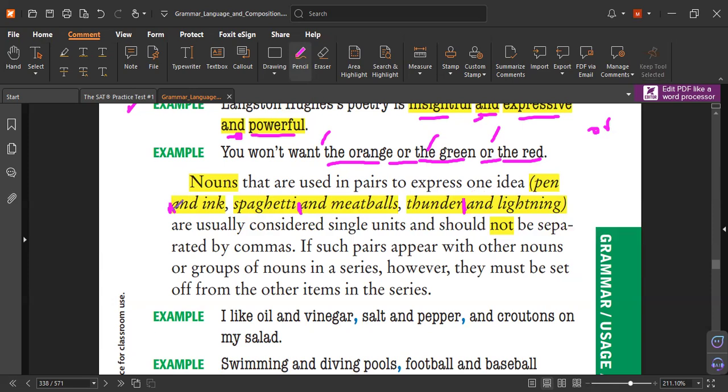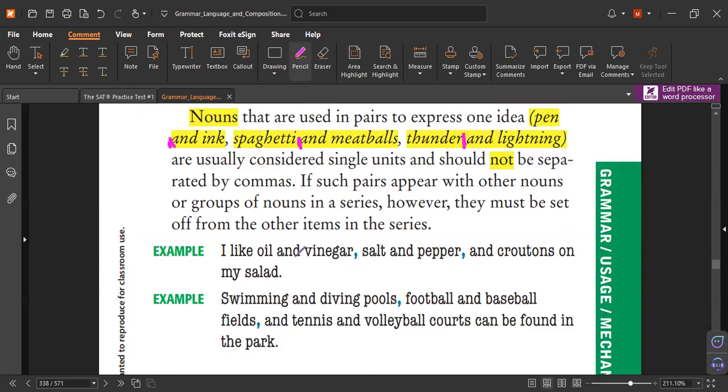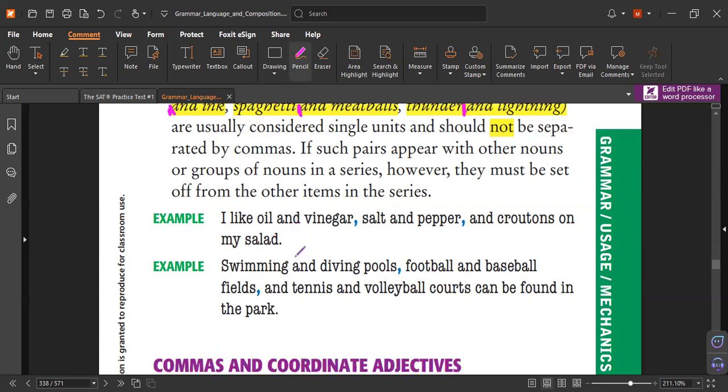Let's see. If we have them in a list: I like oil and vinegar, one thing. Salt and pepper, one thing. Buttons on. So all of them in one sentence, so you need commas. Why? Because this is one thing, this is one thing, and this is one thing. So one, two, three. I don't need commas here. Okay, there are no commas here.